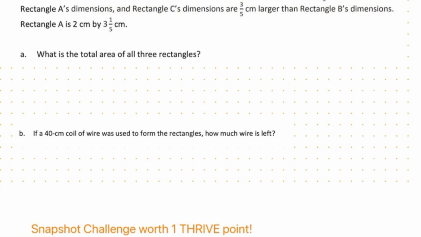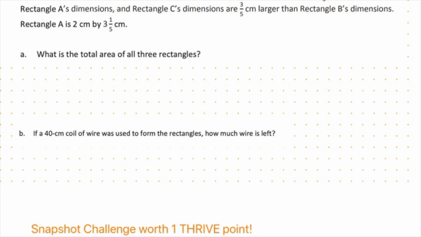Excellent. You are going to add. Moving on, rectangle C's dimensions are 3/5 larger than rectangle B's dimensions. So now that you have rectangle B's dimensions, by adding 3/5 centimeters to rectangle A's, what are you going to do now to find rectangle C's dimensions? Excellent job. You're going to add them as well.